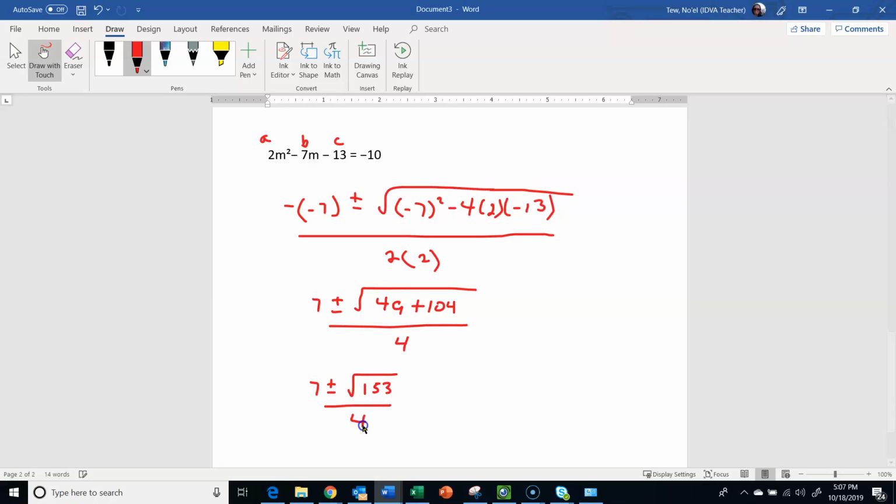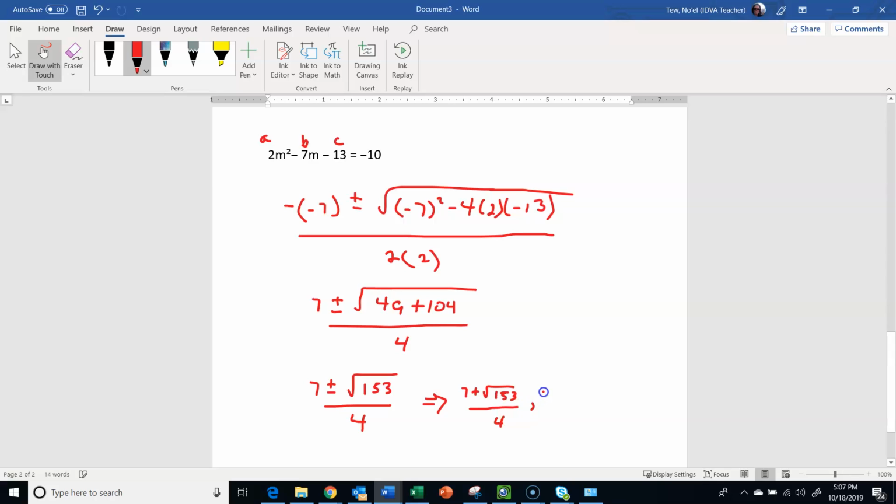Divide by 4, okay? And so you're going to end up with 2 different answers. You're going to end up with 7 plus the square root of 153 divided by 4, and I guess we should see, I don't think you can simplify that. I think that's as good as it gets.